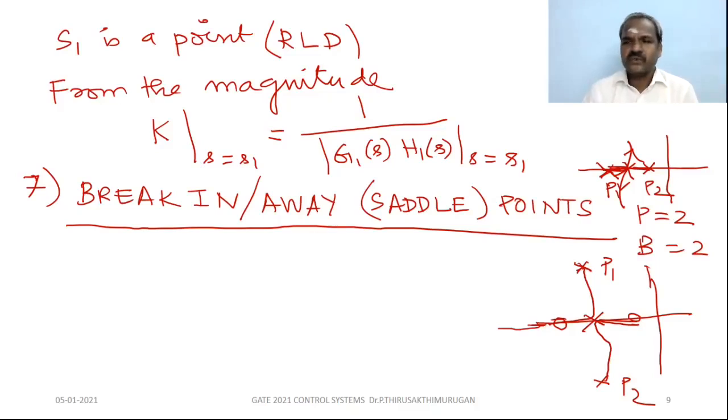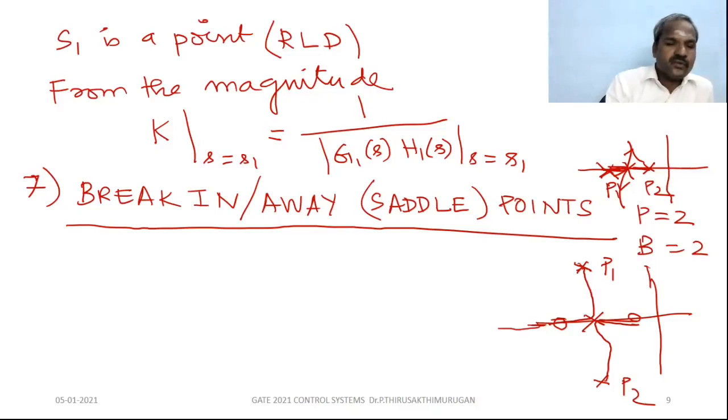En route loci arrive or depart at the breakaway point by an angle of 180 degree by n apart. Understand? En route loci arrive at the break-in point by the angle of 360 degree by n apart.